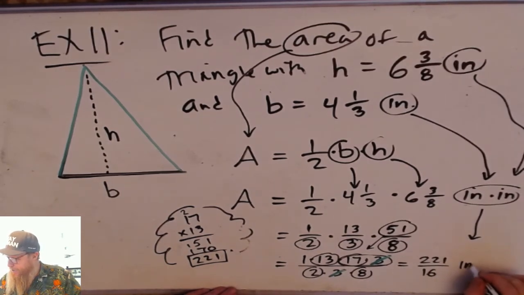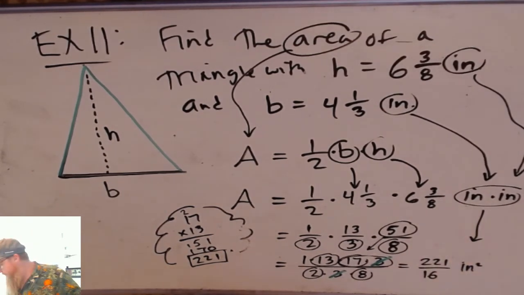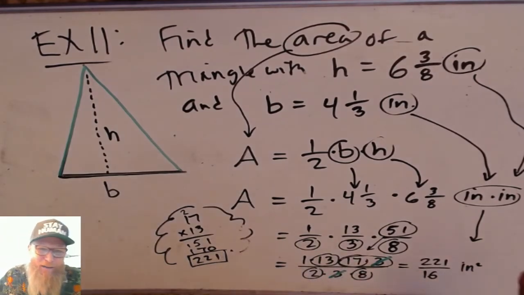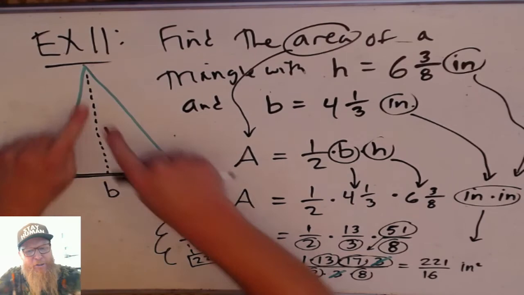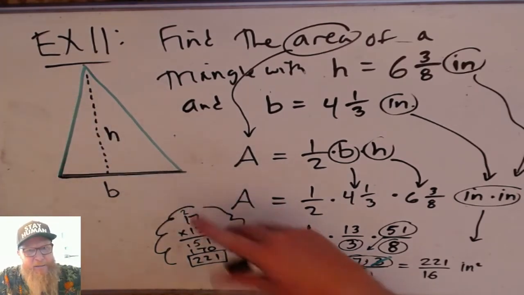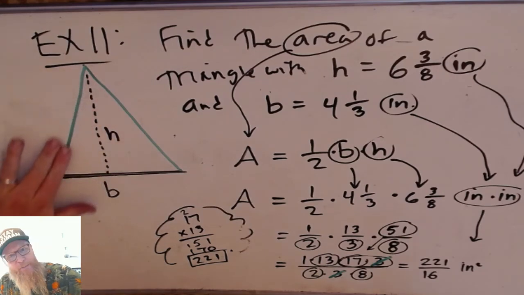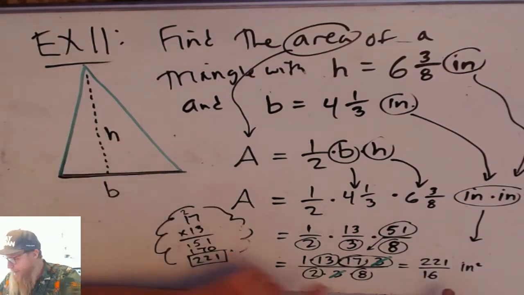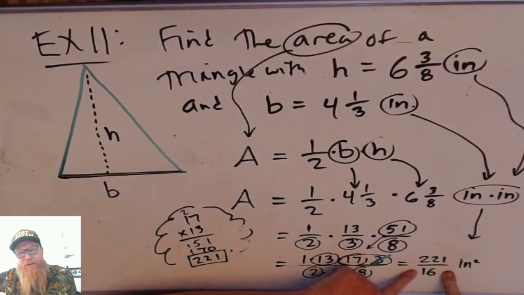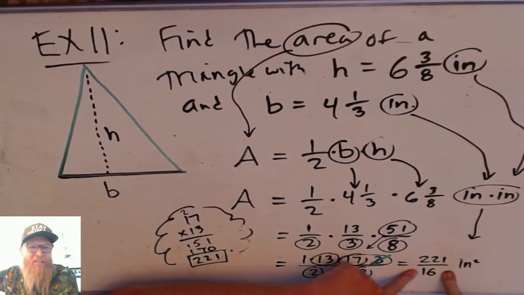All right. And so this is square inches. I don't know about you, but if you went to Home Depot or Lowe's and you want to buy some carpet for this weird shaped room, I've never seen a room shaped like that, but maybe you have some weird house with an unusually shaped floor, and you want to put some carpet or some tile on it, and you go to Home Depot and you say 221/16.